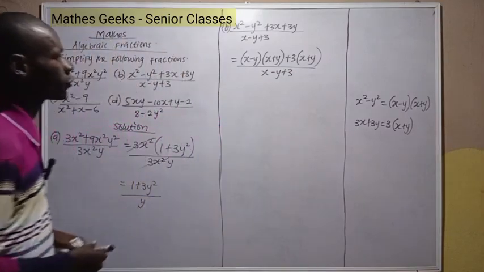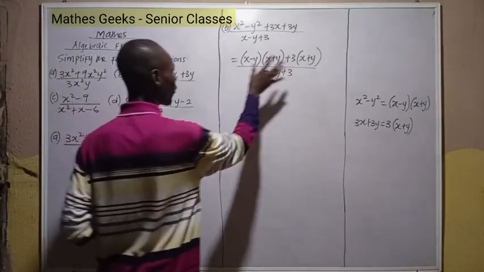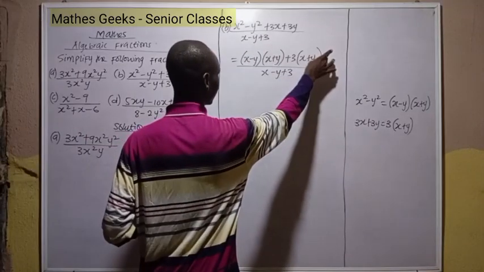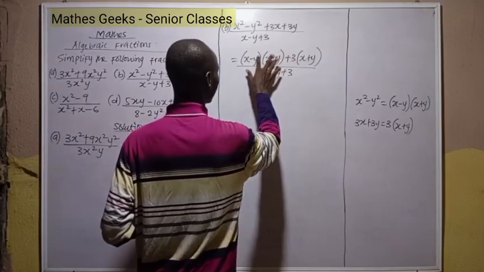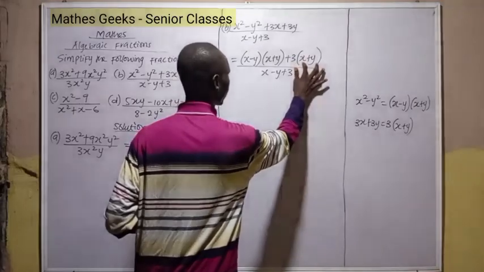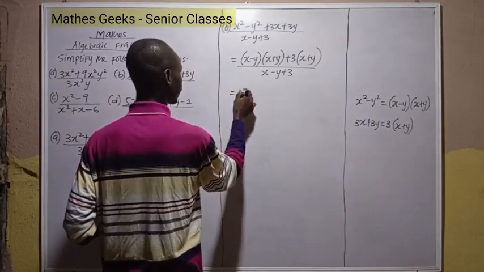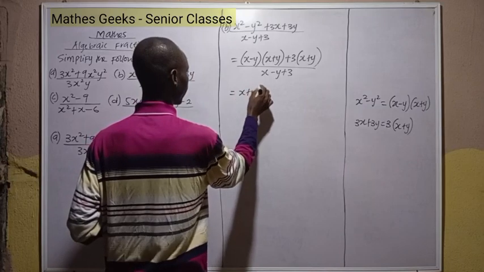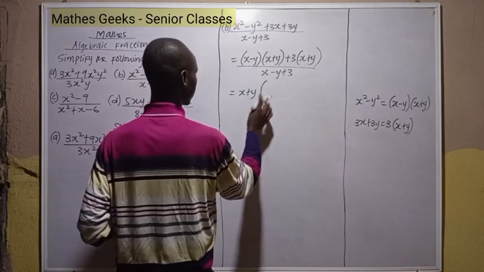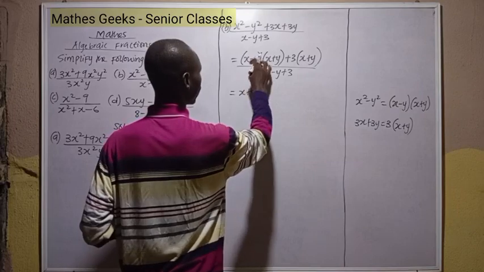At this point you have common factors on this part of the expression. Now x plus y and x plus y are common, so you factor the common one out. So this is equal to x plus y, brackets open, x minus y plus 3.